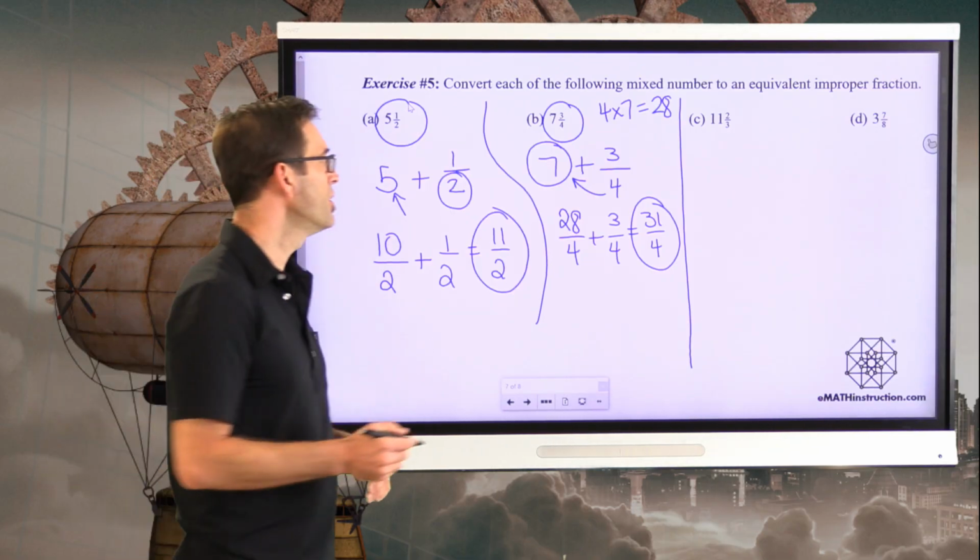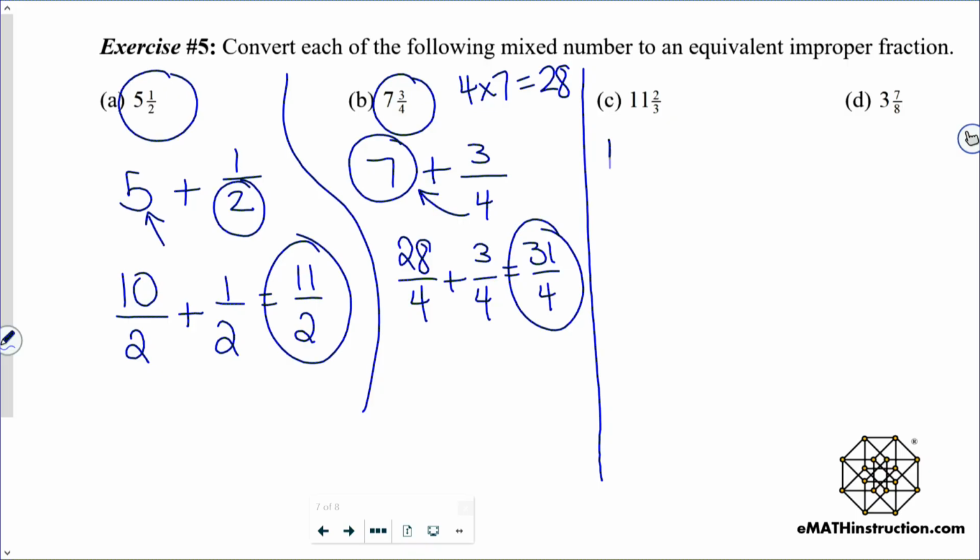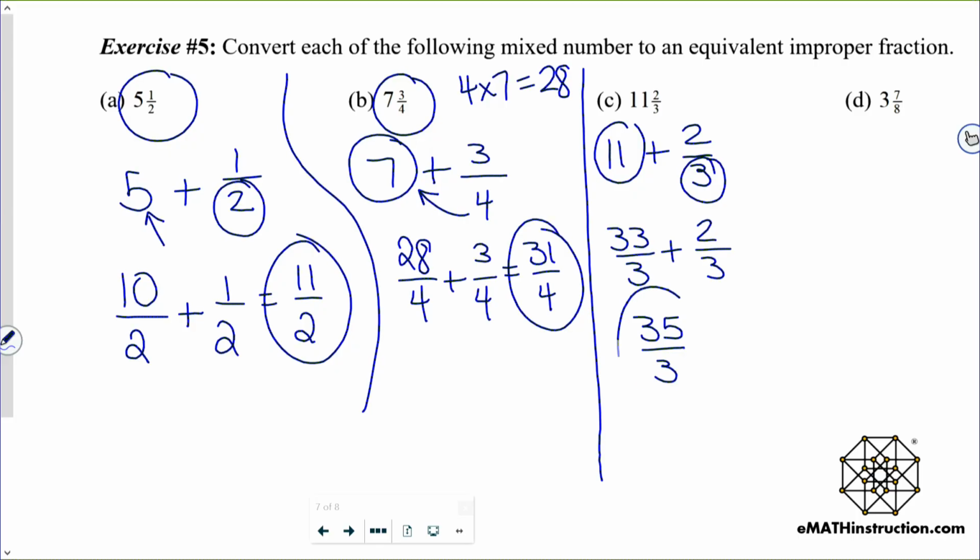All right, let's do it. I'm going to keep doing the same procedure because I want to hammer home what each one of these things really represents. 11 2/3 is literally the number 11 plus the fraction 2/3. I take a look at that denominator and I say, all right, how many thirds does 11 represent? It represents 33 thirds. So if I add 33 thirds to 2/3, I get 35 thirds.